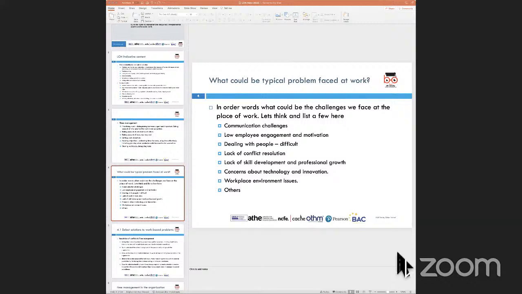Now, one of the other things which I can also think of is that sometimes you have issues which could be because of technology and innovation. When things change within an organization, or a new technology is introduced, you would generally see that there could be problems at the place of work. Things like networking problems, or a problem with the working of a PC.